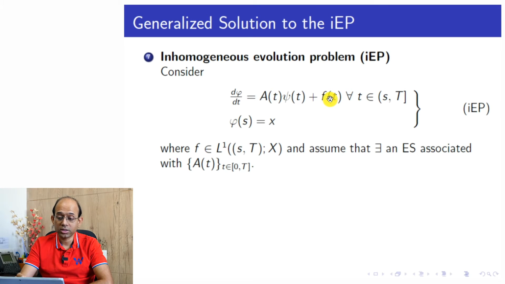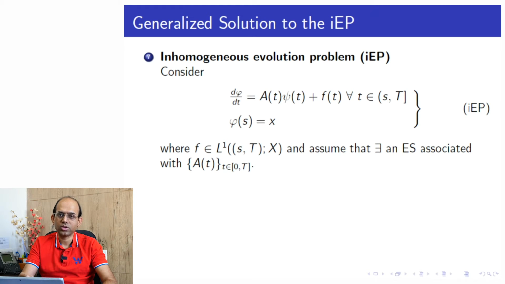We call this inhomogeneous because of the presence of small f. And here f is assumed to be L1 as before, because when we discussed the inhomogeneous initial value problem, IIVP, there also we assumed f to be in L1.